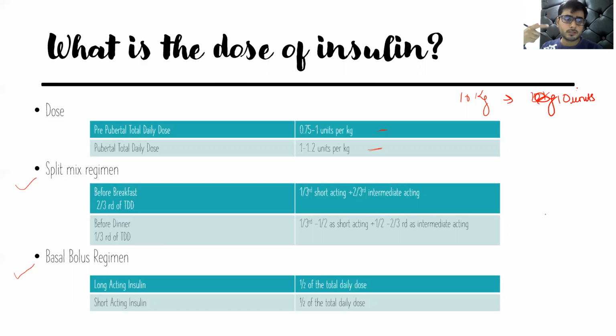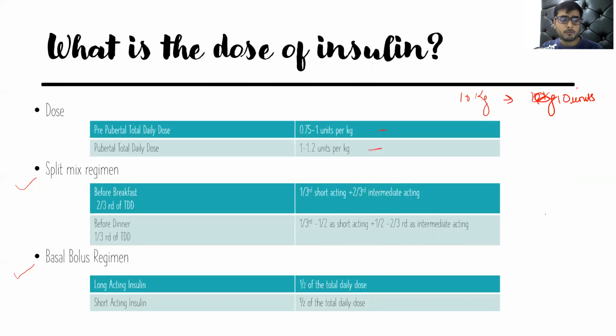Now in split mix regime, we give before breakfast and before dinner. Firstly, we'll divide this 10 units into 2/3 and 1/3. So 2/3 will be given before breakfast, and 1/3 of this dose will be given before dinner.